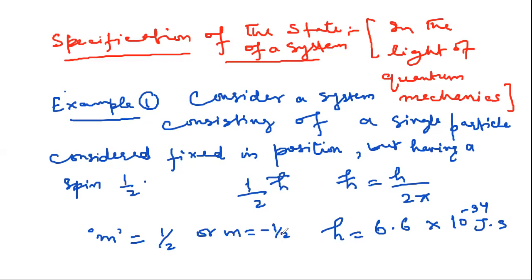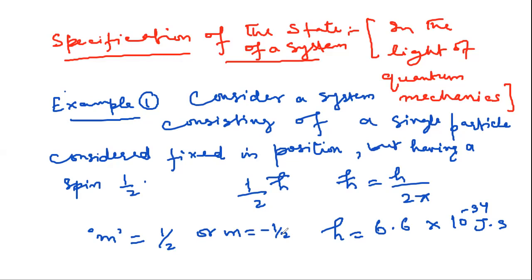So this particle can exist only in two states. Quantum mechanically, it can exist only in two states. One state is specified by the value of M being half, and another state is specified by the value of this quantum number equal to minus half, which in other words, we say that it can point up or down with respect to the fixed axis, which we call the z-axis.